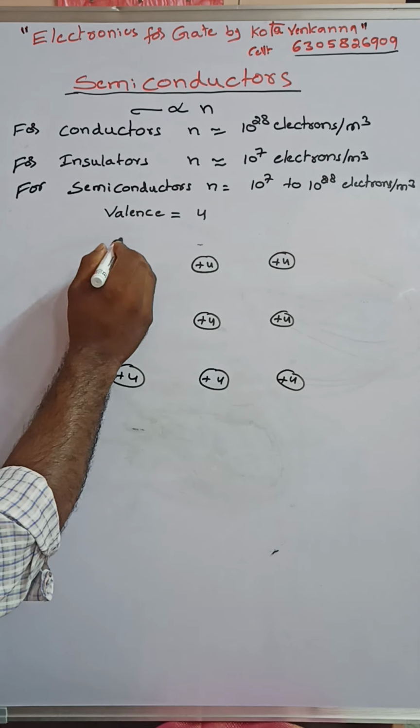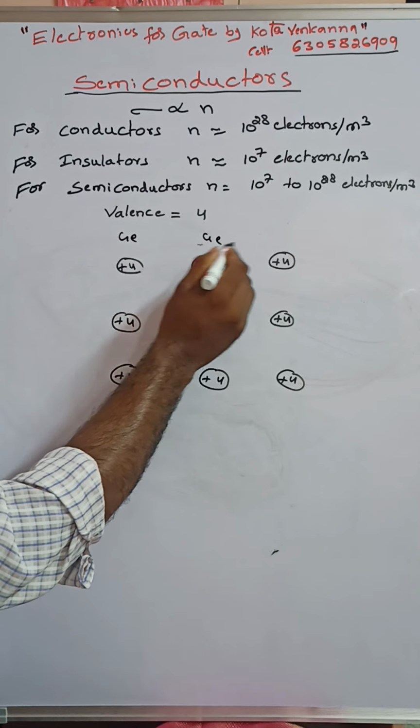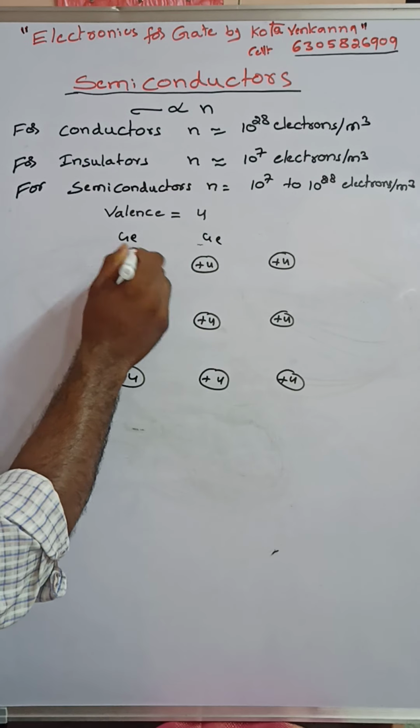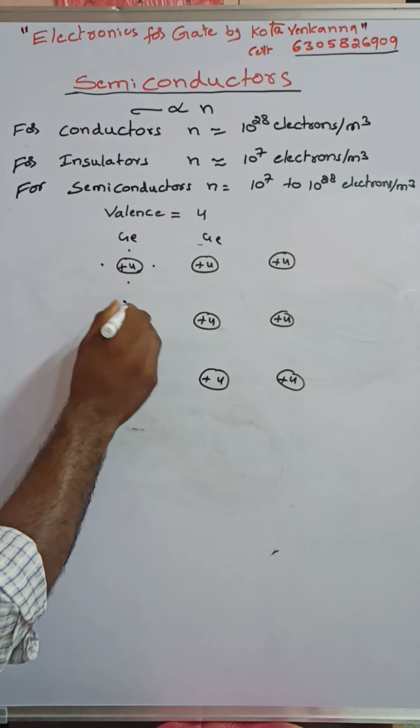Every atom, for example these germanium atoms, consists of 4 sides with 4 valence electrons.